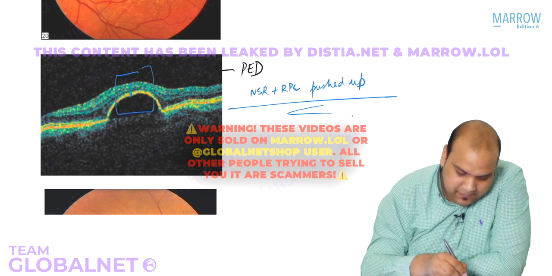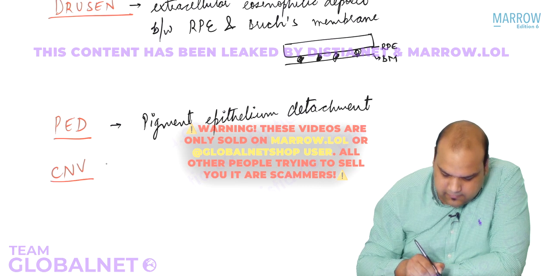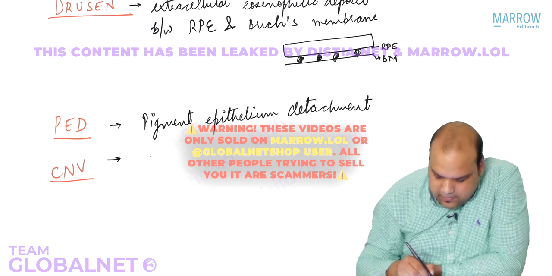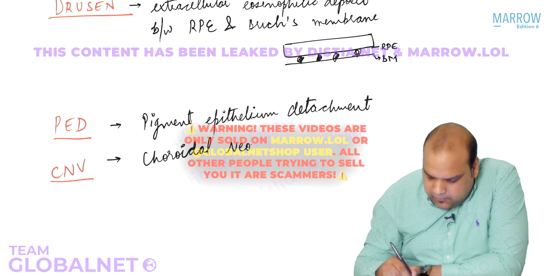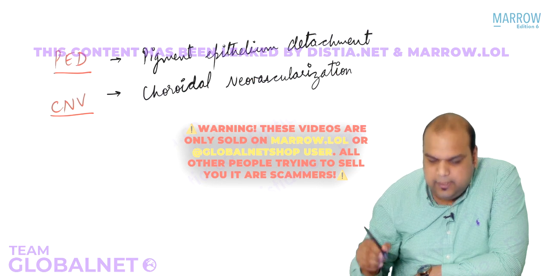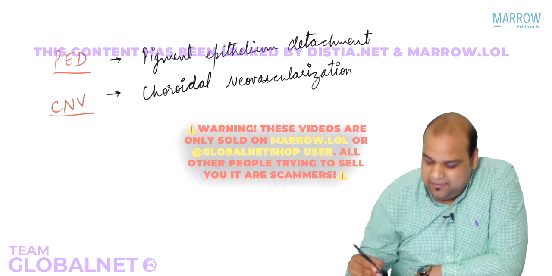Now, moving back, everybody. CNV. What is CNV? Choroidal neovascularization. Now, what is this and how does it develop?